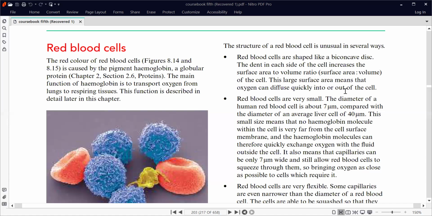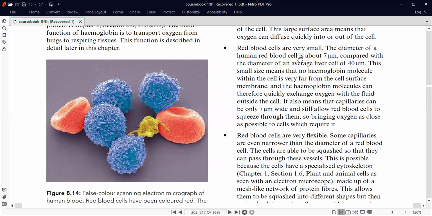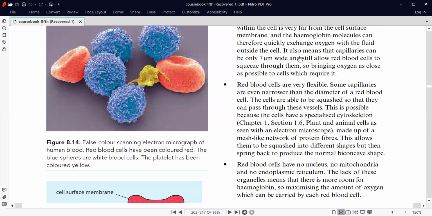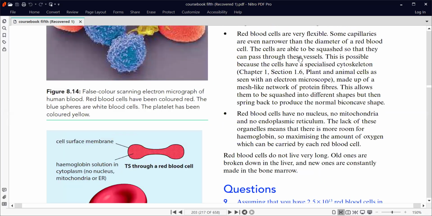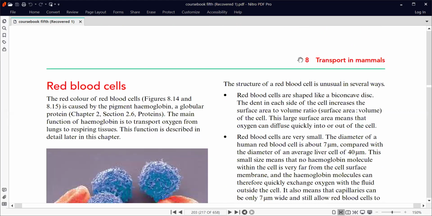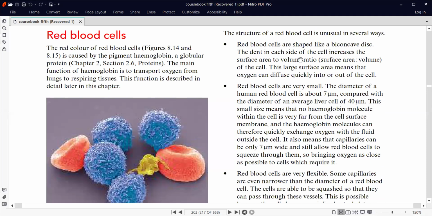Hemoglobin, as you have done in the previous chapter, is a quaternary structure of protein which contains 4 polypeptide chains. The function of hemoglobin is to transport oxygen. When it flows inside the body, it transports oxygen throughout the body.